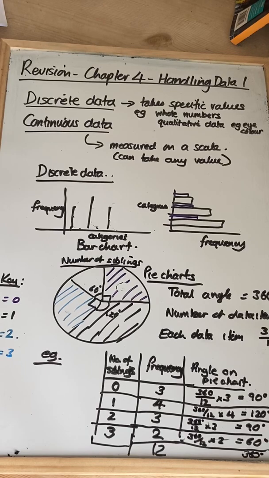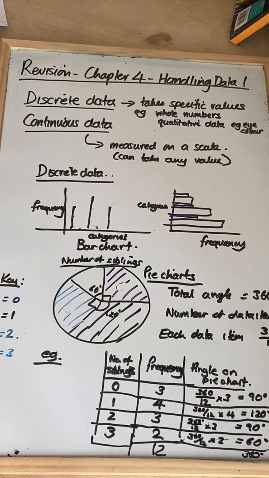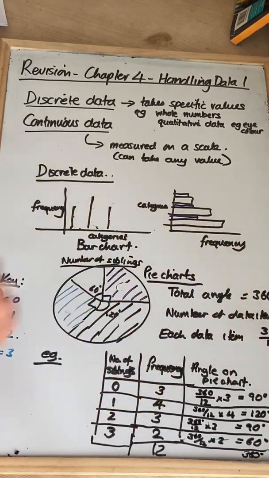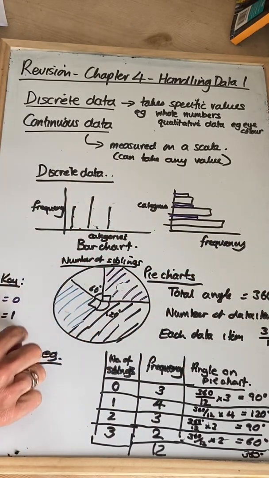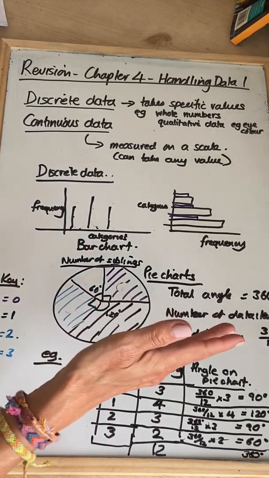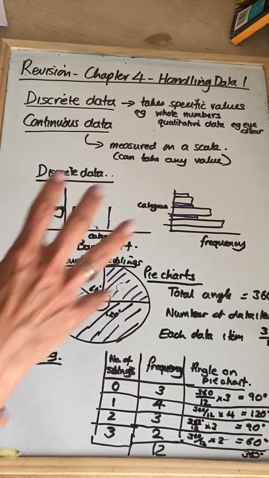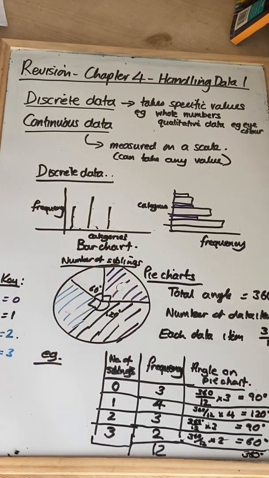The only other thing I would say they might ask you on pie charts, they might show you a pie chart of one class of children with the number of siblings, say, and draw another pie chart with another class, and they would show the different numbers of siblings from the key, and they would say, does this pie chart show that class A has more children with 2 siblings than class B? And you've got to be careful on those, because you've got to know how many children or how many data items your pie chart represents.